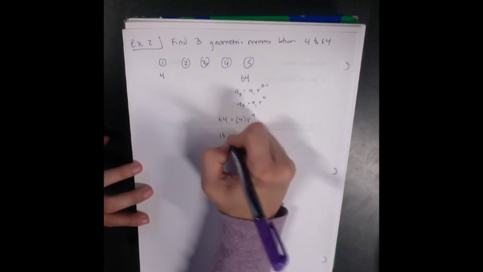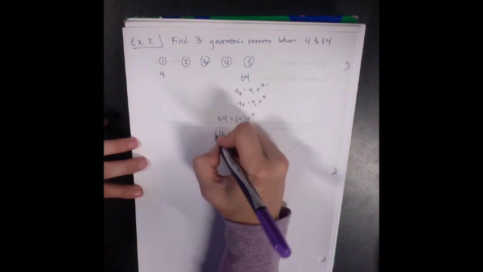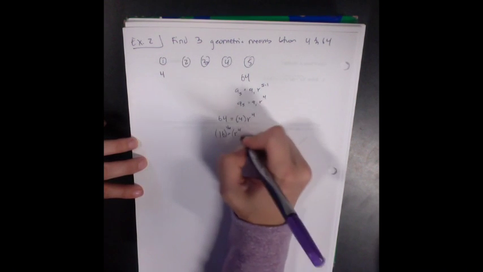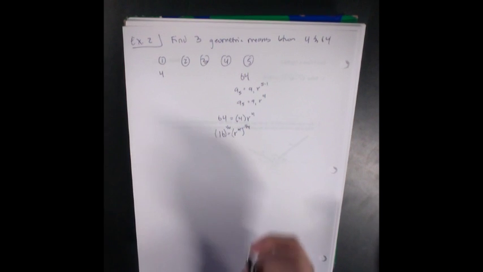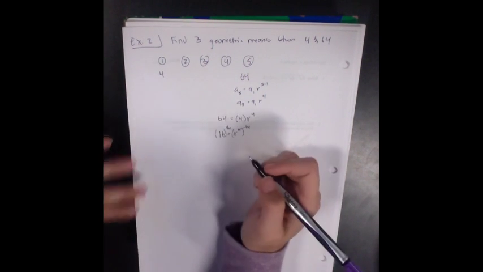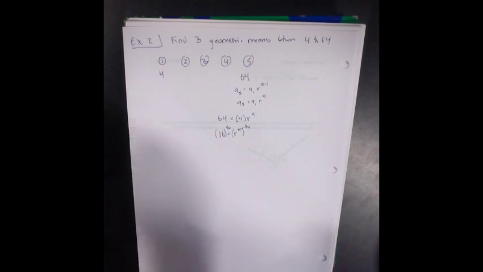So 64 divided by 4, I get 16 is r to the 4th. If you didn't have this memorized, we would raise both sides to the 1/4, which makes this become r, and 16 raised to the 1/4 should give you 2. So r is 2, my common ratio is 2.